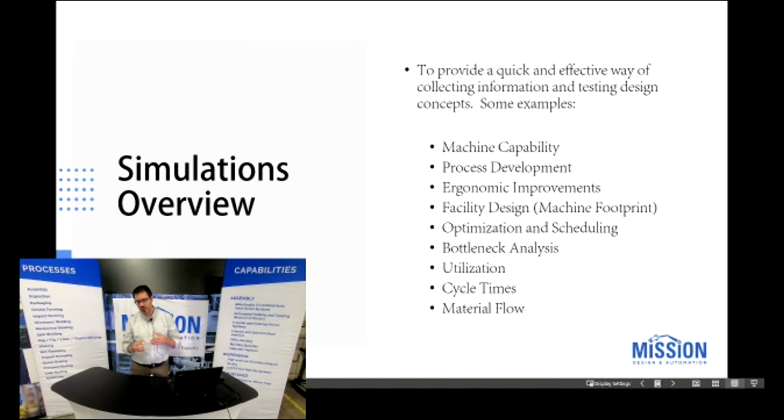Floor space is at a premium nowadays. No one likes to see big machines. Nothing like that is much fun. So it'd be nice to be able to jump ahead of the ball before the machine is built, find out all those little snags, like a robot needs extra reach, et cetera, and find all that information out as effectively as we can. Also, like it says right there, optimization and scheduling.